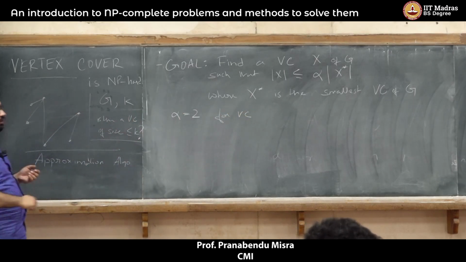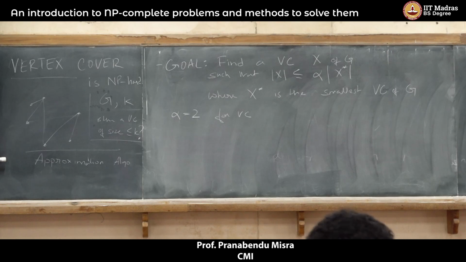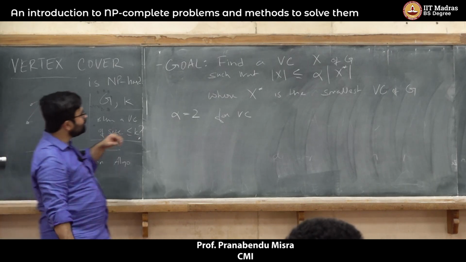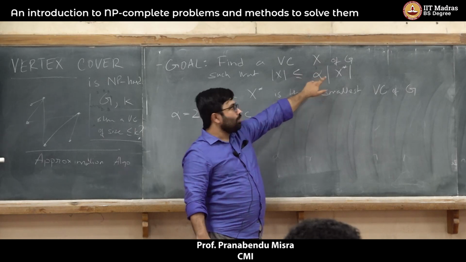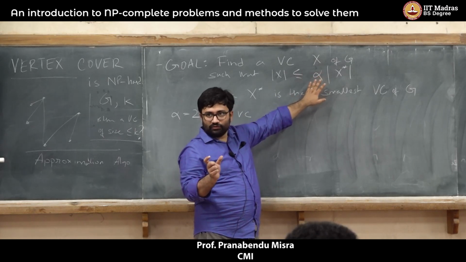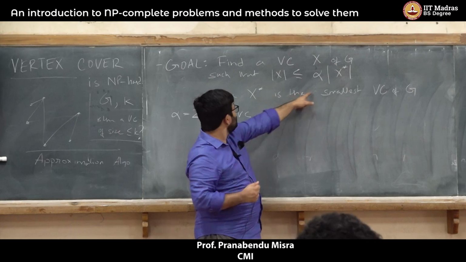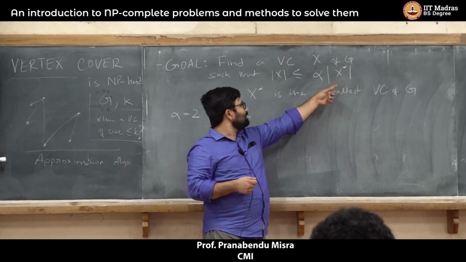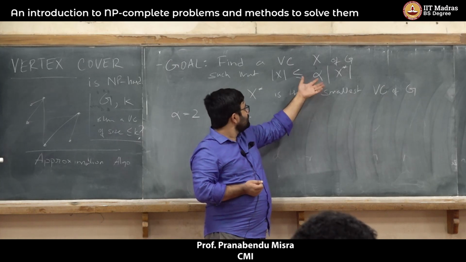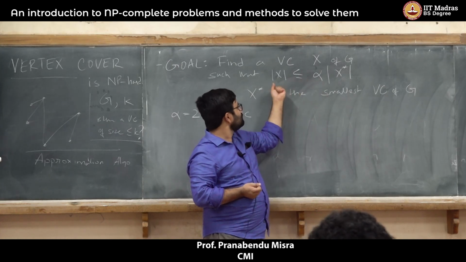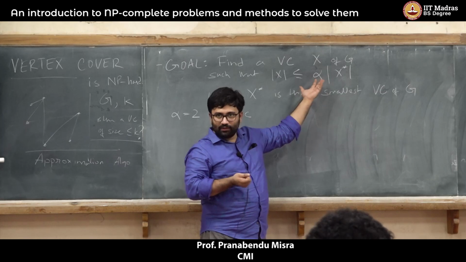This alpha is called the approximation factor, because I'm trying to find a solution X which is not the optimum solution, not the smallest solution, but here, where alpha is 2, it is alpha times larger than the optimum solution, right? So I'm trying to find a solution which is not the best, but approximately the best.